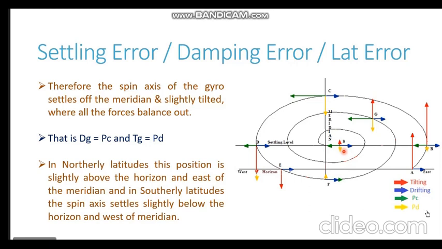We know from the tilting formula that tilting is upwards east of the meridian and tilting is downwards west of the meridian. So this is exactly the reason why in this case the spin axis has settled east of the meridian. You can correlate this in the diagram.